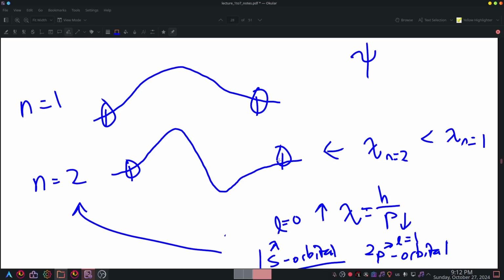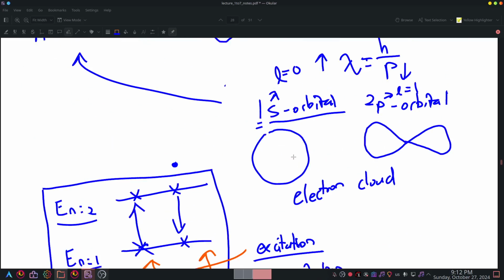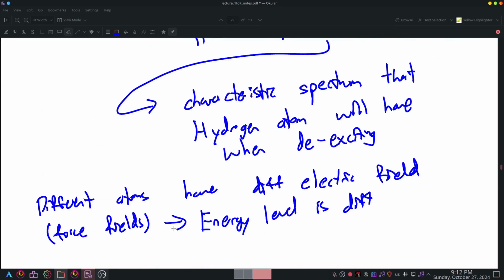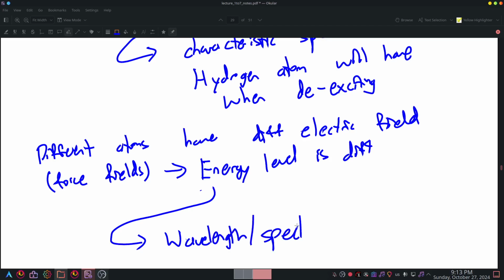This restriction is due to the electric force fields in place, or in the case of a nucleus, the nuclear force fields, or the strong nuclear force. So these energy levels are determined by the force fields, and therefore your energy levels are different when you change the force field, and your wavelengths and spectra are different.